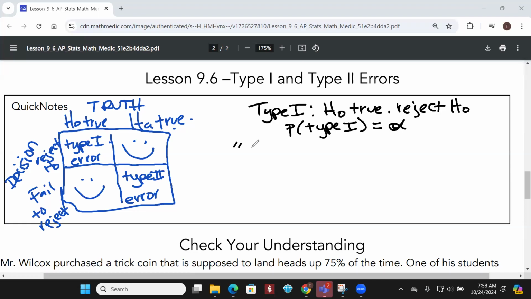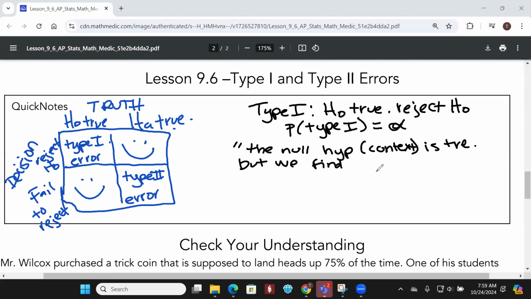So the null hypothesis, and you always want to make sure you write about it in context, is true, but we find convincing evidence for the alternative.